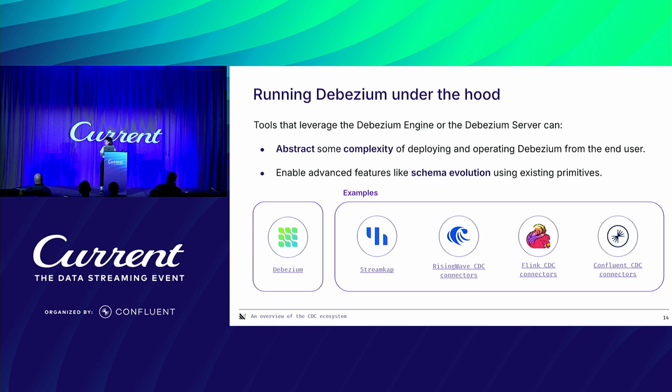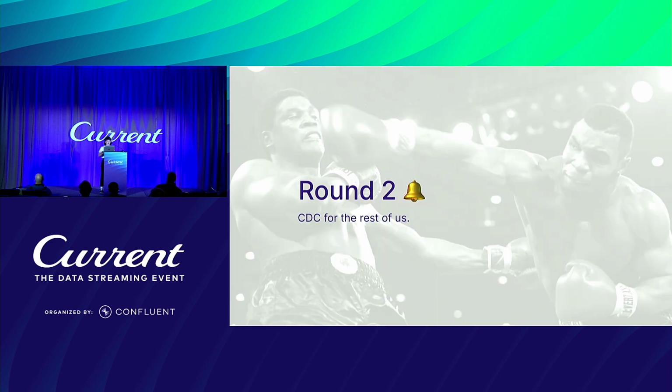And some examples of tools like that rely on Debezium under the hood are StreamCap, and then a lot of the streaming frameworks that have CDC connectors like Flink or Confluent Cloud or RisingWave are also using the Debezium engine.